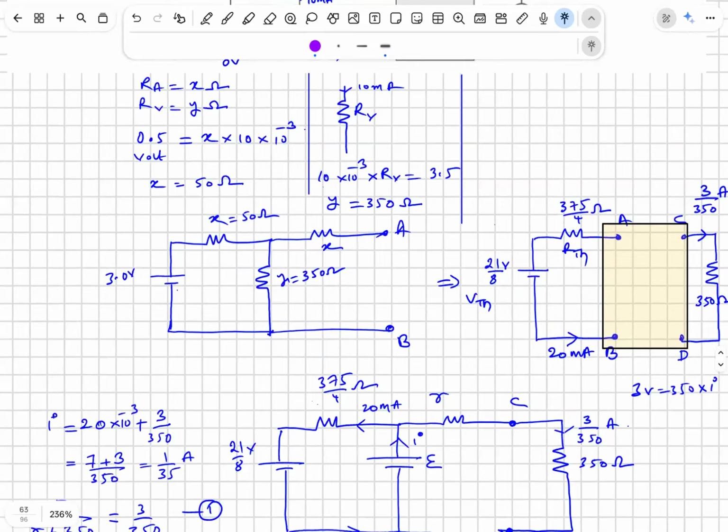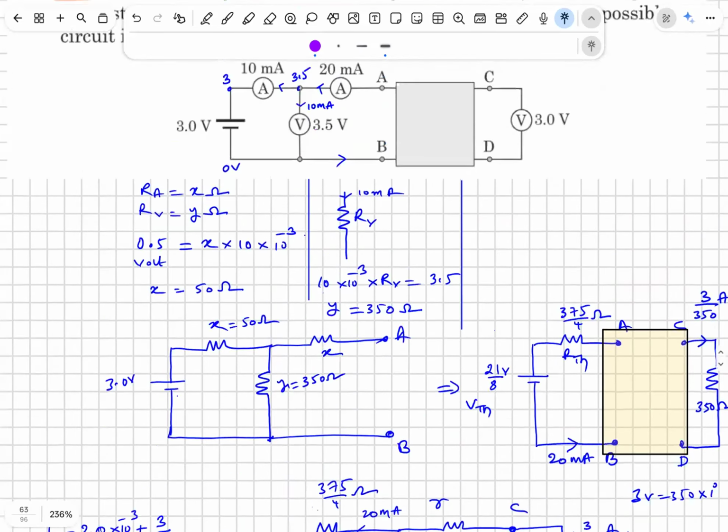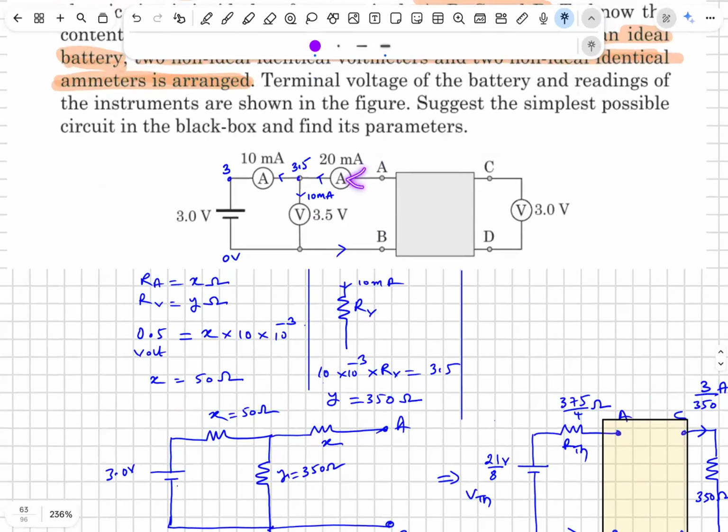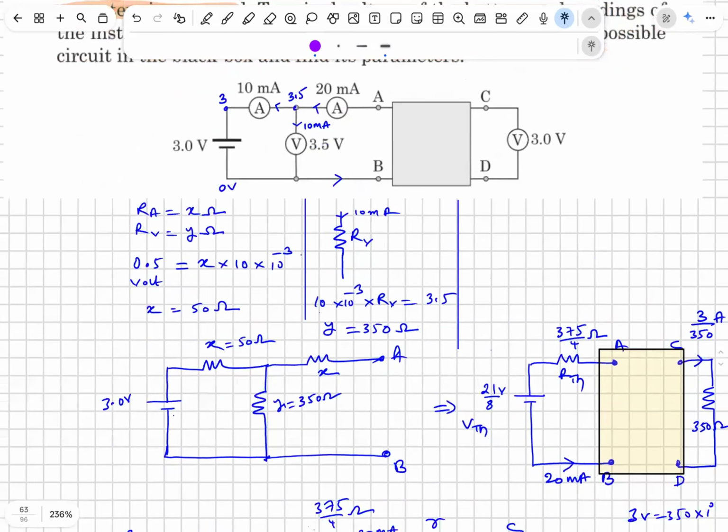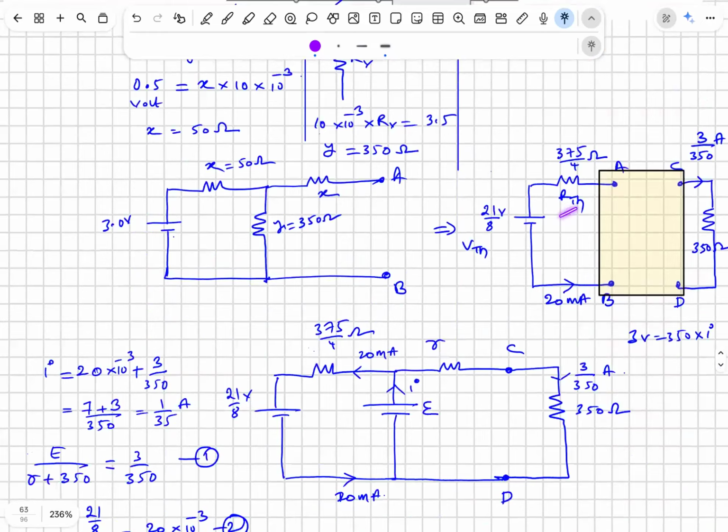The drop across this, because nothing flows through this now, is 21 by 8 volts. And don't forget, current entering here is 20, meaning current going inside is 20. So now finally, RTH, VTH, 20 milli entering here.